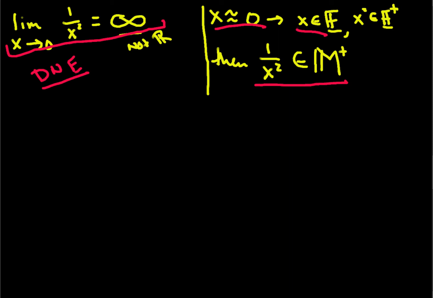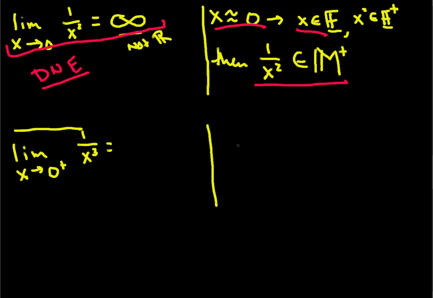So let's look at another example. Let's say we want to know the behavior of the limit as x approaches 0, in this case from the right-hand side, of 1 over x cubed. What is it equal to?